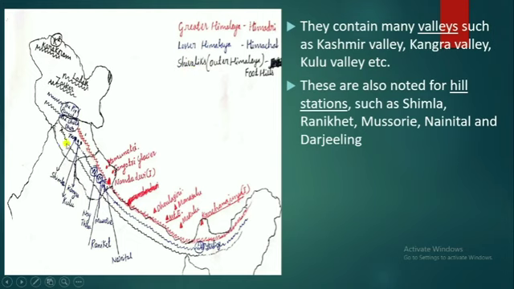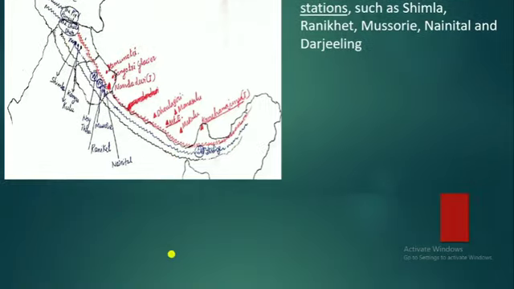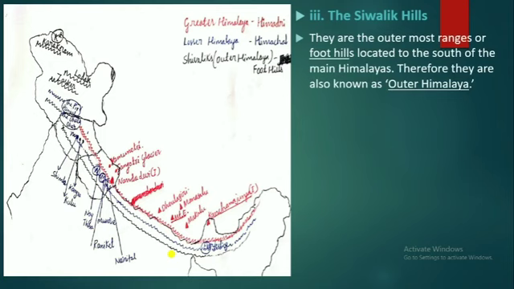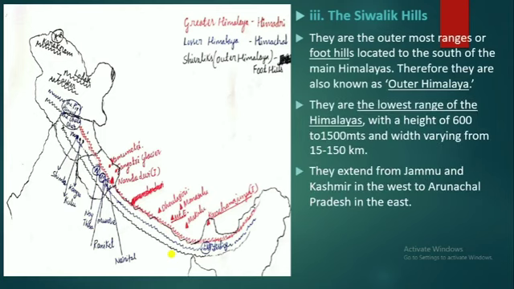See, outside, the Outer Himalayas. About them, let us see. It is a very small one. The Shivalik hills, only 4 points are there. They are the outermost ranges or foothills.